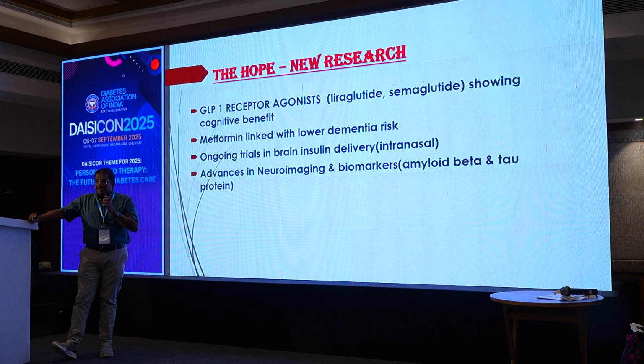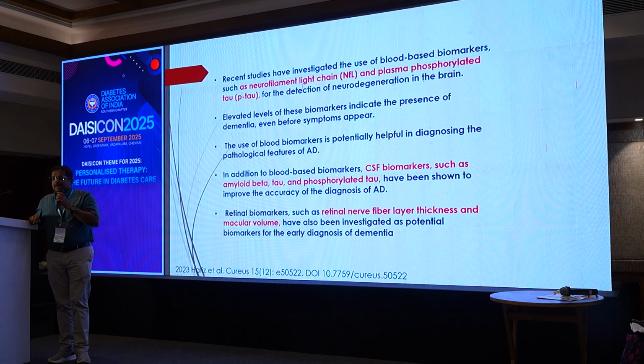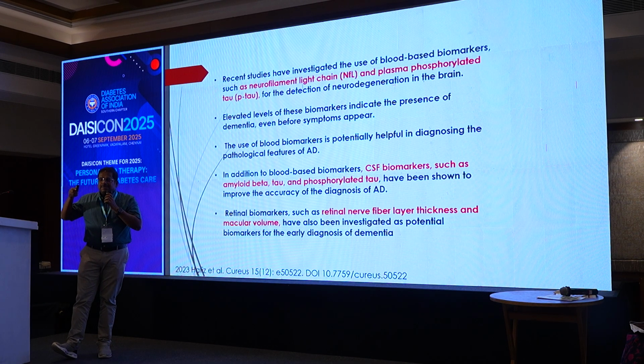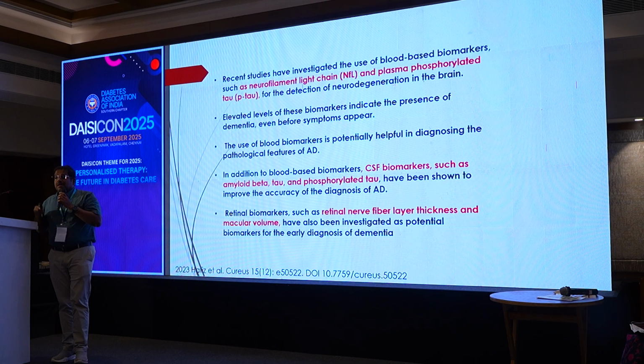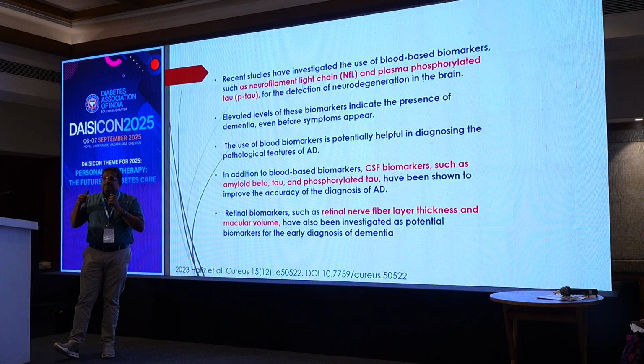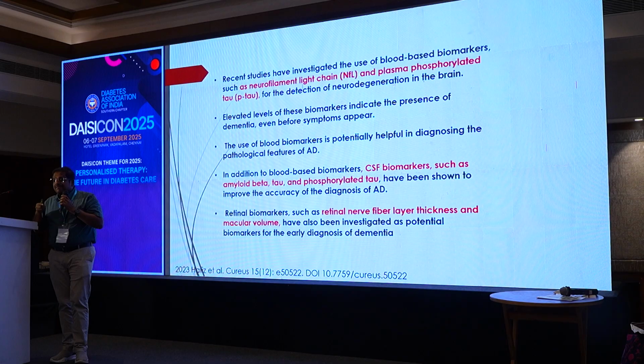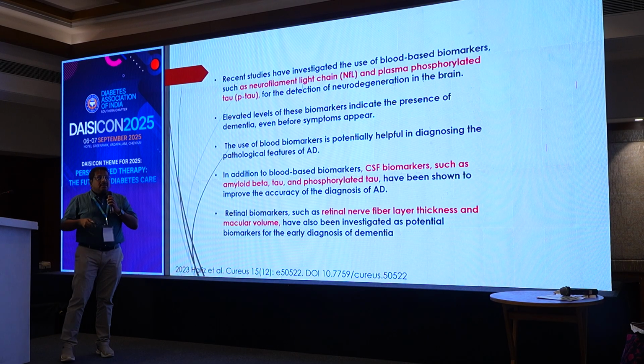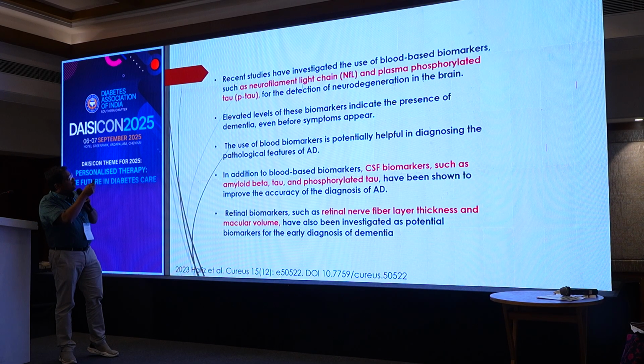And also advances in neuroimaging and biomarkers. Many biomarkers are there, blood-based biomarkers as well as CSF-based biomarkers, whose elevation indicates the presence of dementia even before the symptoms appear. The blood-based biomarkers are neurofilament light chain and plasma phosphorylated tau protein.